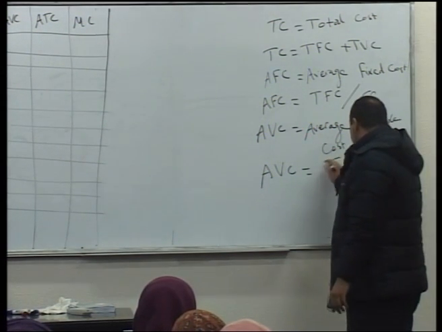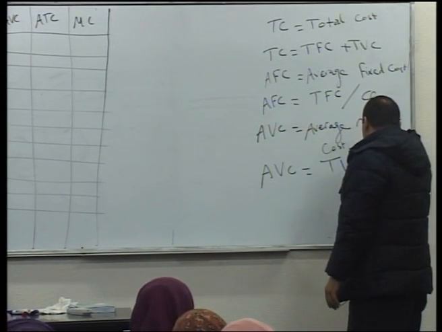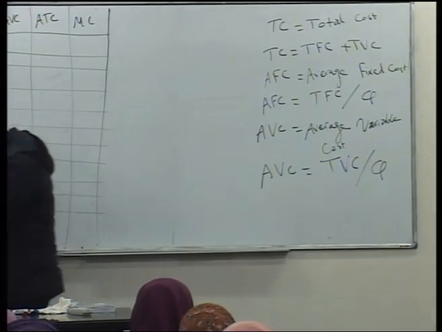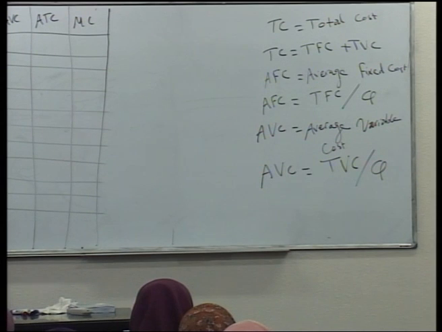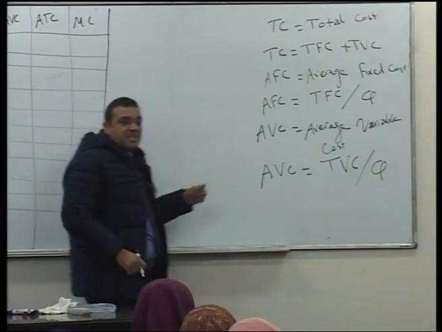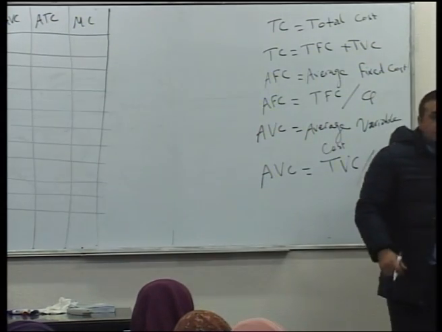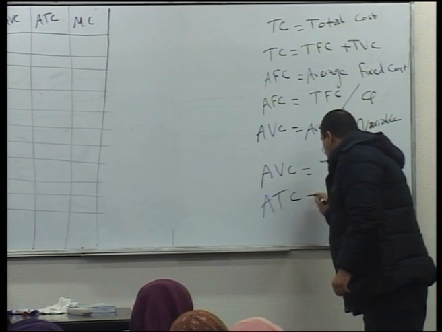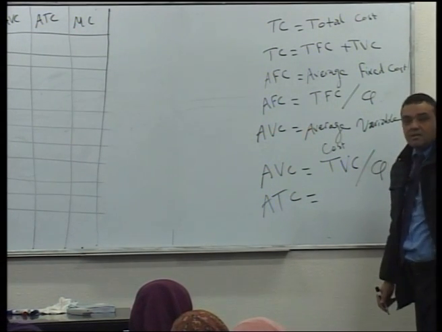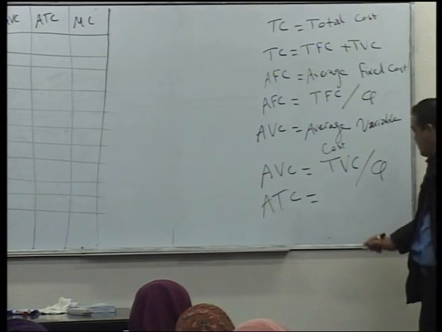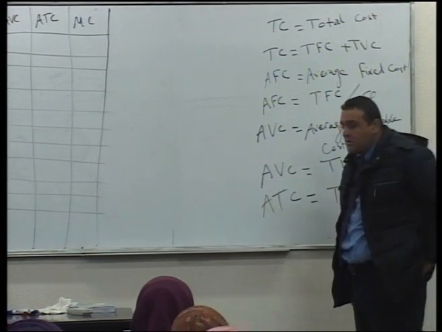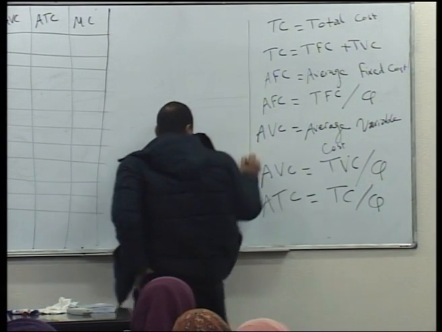TVC over Q. Average total cost equals total cost over Q, TC over Q, or ATC.